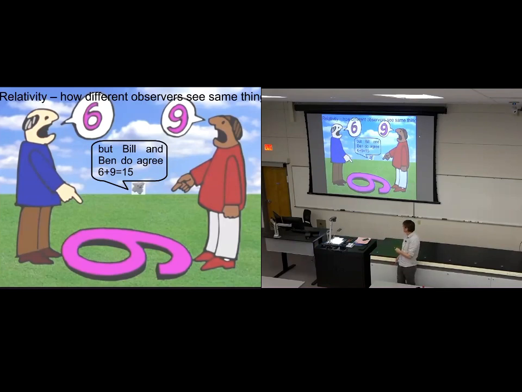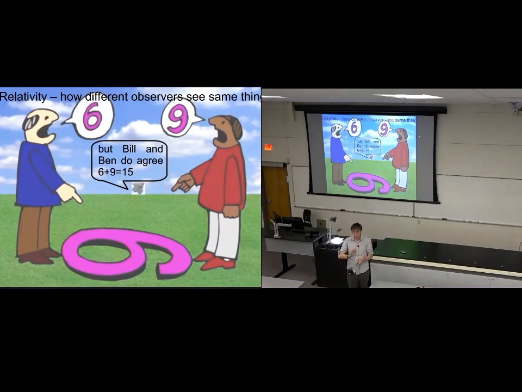Bill says this number's a 6. Ben, looking at the same thing, says this number's a 9. That number on the ground is a relative thing for them. Their understanding of the number depends on their frame of reference.